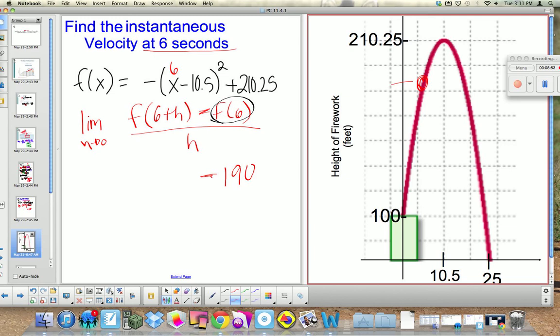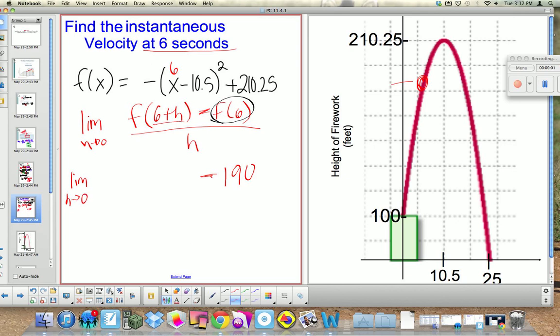Now I'm going to do f of 6 plus h. So this one's going to take a lot more calculating. I'm going to copy my limit statement. But I'm going to do f of 6 plus h, so that's not going in for x. So I'm going to copy the negative, parenthesis, 6 plus h, minus 10.5, squared, plus 210.25.